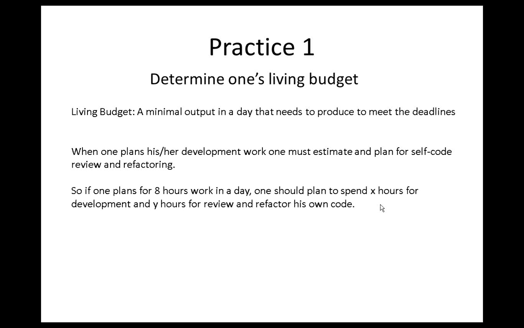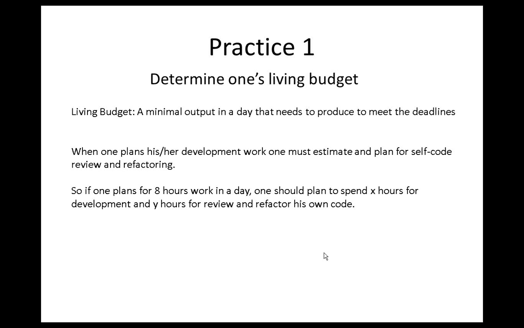So if one plans for 8 hours of work in a day, one should plan to spend X hours for development and Y hours for review and refactoring of his own code. And he should understand that X hours is his living budget. It may be 7 hours, or 6 hours, or sometimes 8 hours itself. So he has to plan. But what I am saying here is, start thinking about how we can review our own code.